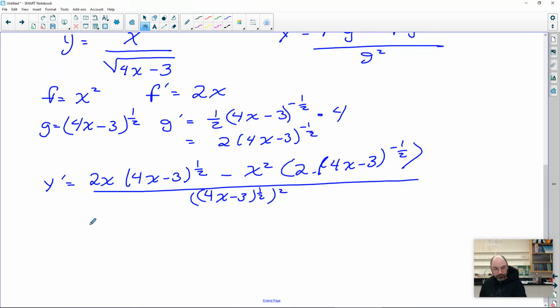Okay, so we got y prime equals 2 times 4x minus 3 to the 1/2 minus, I'm going to move this 2 out front here, so it looks a little bit better, 2x squared times, and then we can just times it by 4x minus 3 to the negative 1/2 though, which is important.